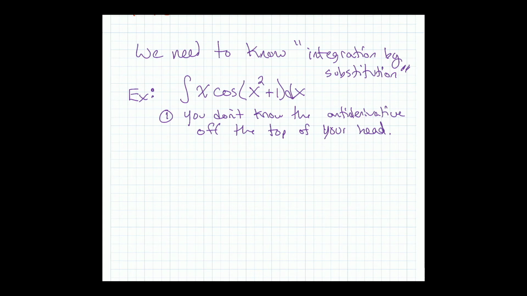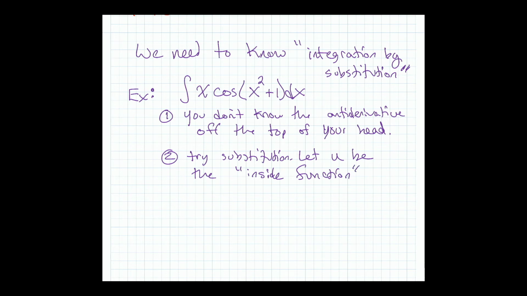So you notice that. The next thing you want to do is say it's probably substitution, because that's the only advanced technique we know right now. So if we want to try substitution, you want to let u be the inside function. Inside what? Well, inside another function.